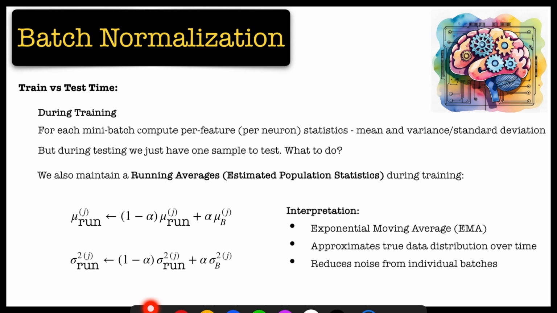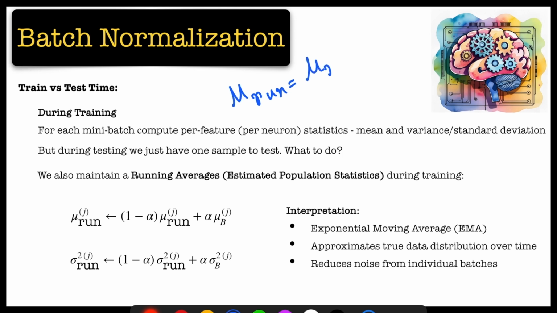So for that, what we do is we maintain a running average during training. During training only, we compute this exponential moving average. It's basically a very simple concept. Let's say mu run we are taking.